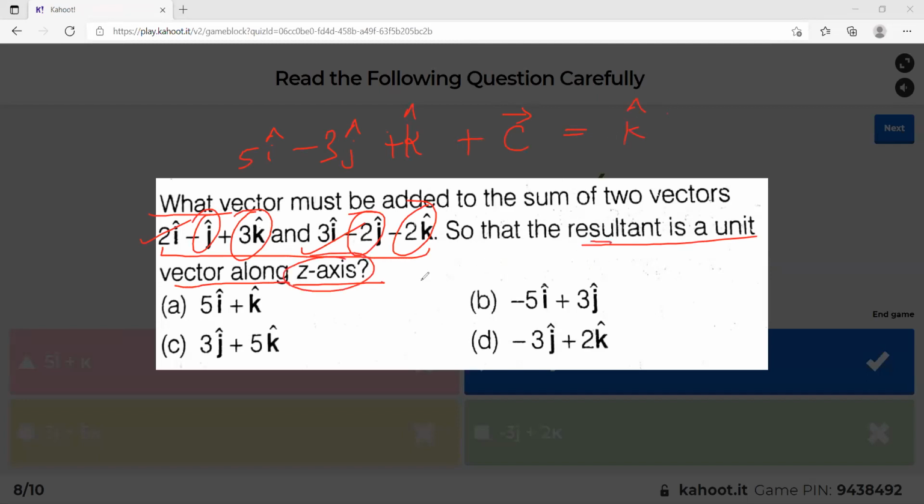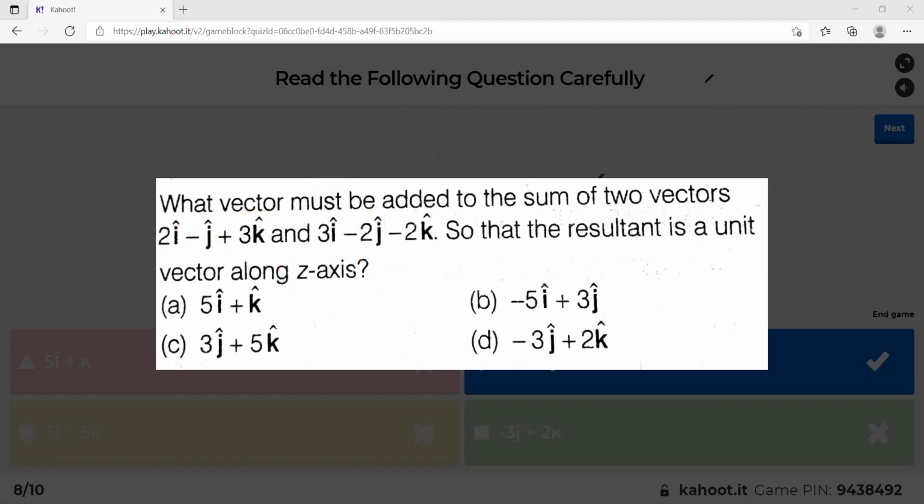K cap is the only unit vector along z axis. From here, c vector will be taken to the right-hand side. So minus 5i, this was minus 3, so it becomes plus 3j, this was plus k, so it becomes minus k cap, and this will get cut. So what will remain with us? Minus 5i plus 3j cap. So whoever got option B, they are right.